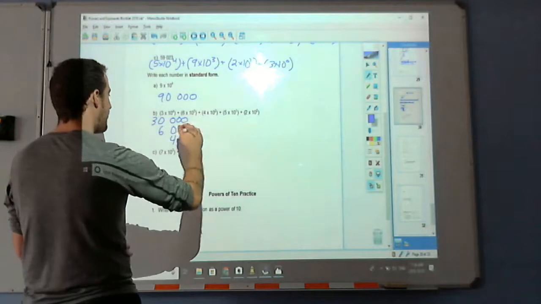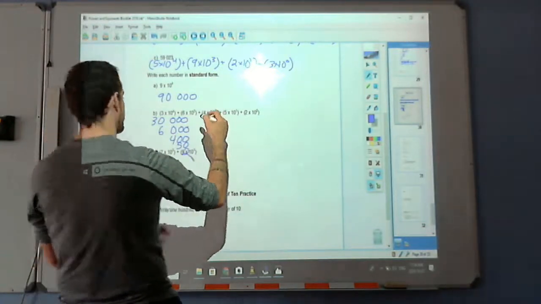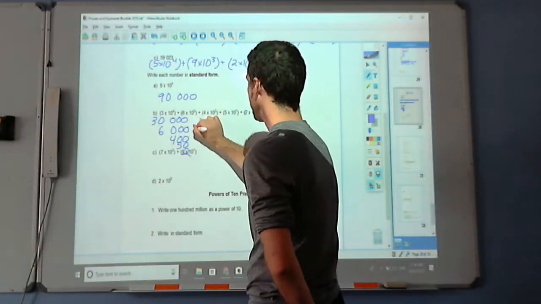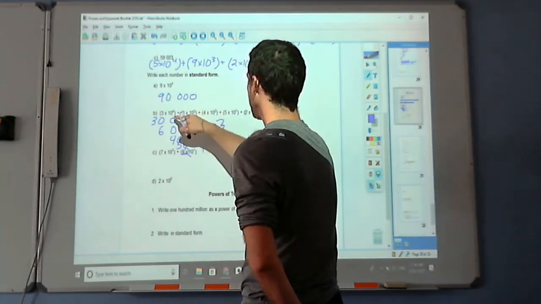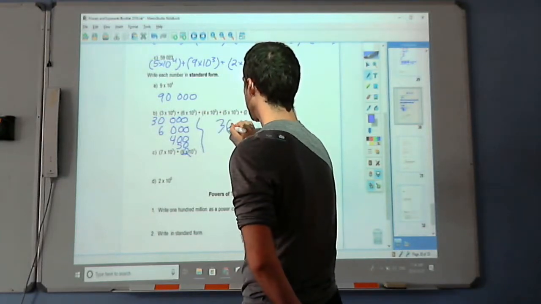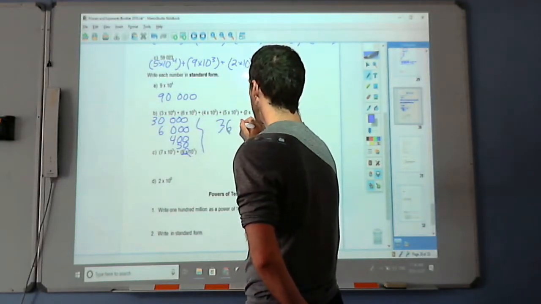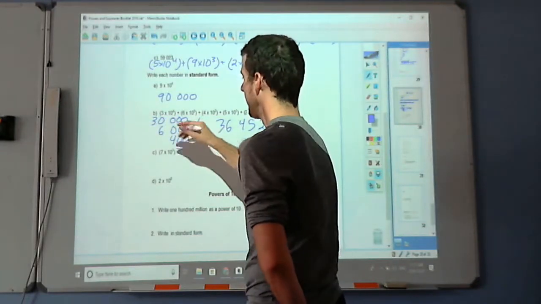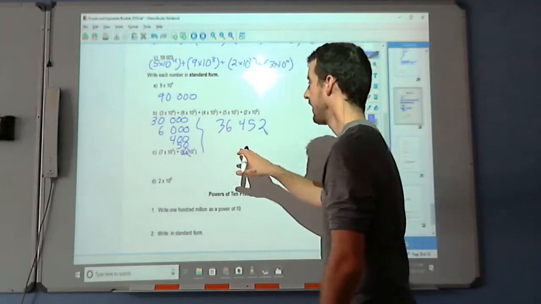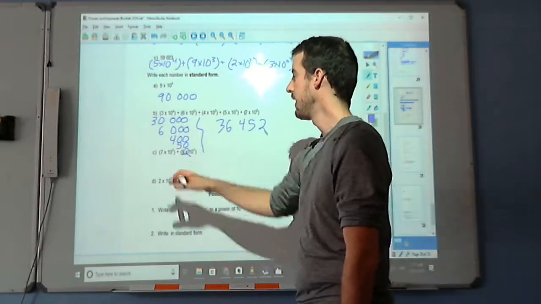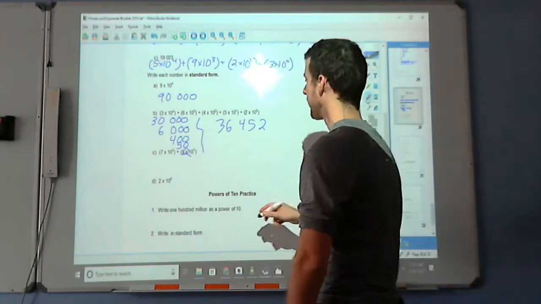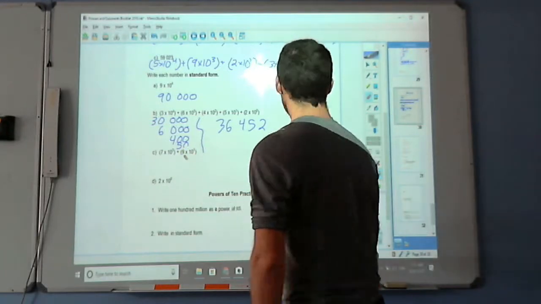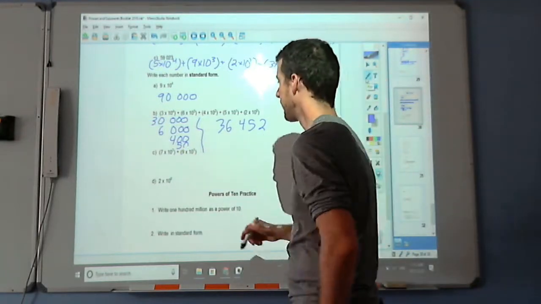Alternatively, we can just solve it one step at a time. So here we have 3 with 4, 6 goes in the 3 spot, 4, 5, 2. Okay. Either way will get you the right answer. This one's a little bit quicker, but I'm not going to have problems with either. I'm just going to erase this 2, so we have room to see what we have going on here.